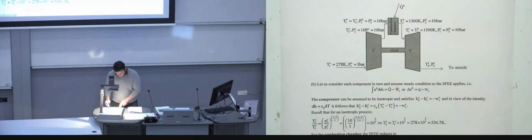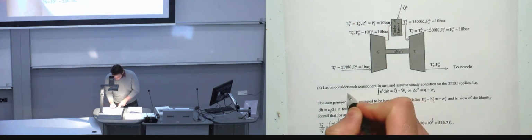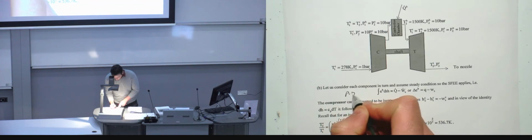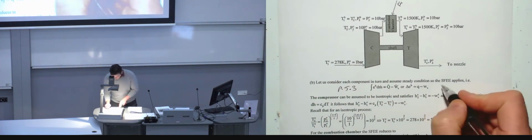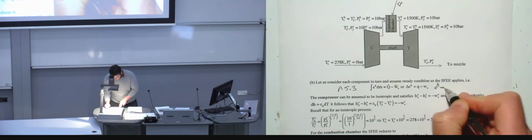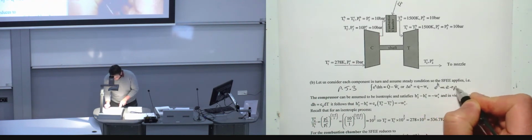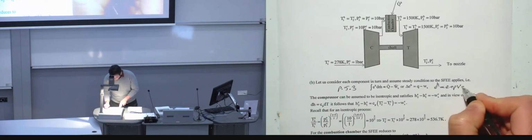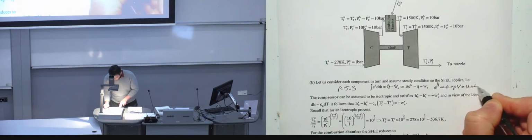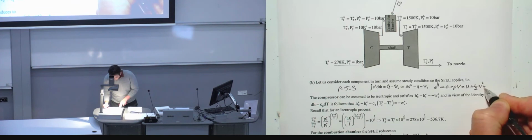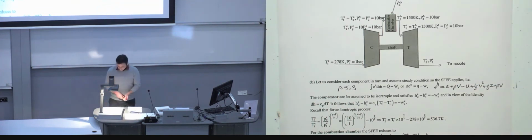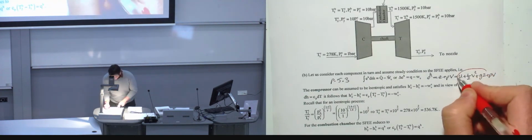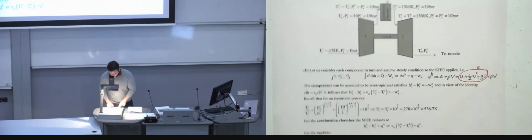If you don't remember where this comes from, this is from page 5.3. But essentially, just a reminder again, EH is essentially E plus PV, which is U plus half rho V squared plus gZ plus PV. That is the internal energy.